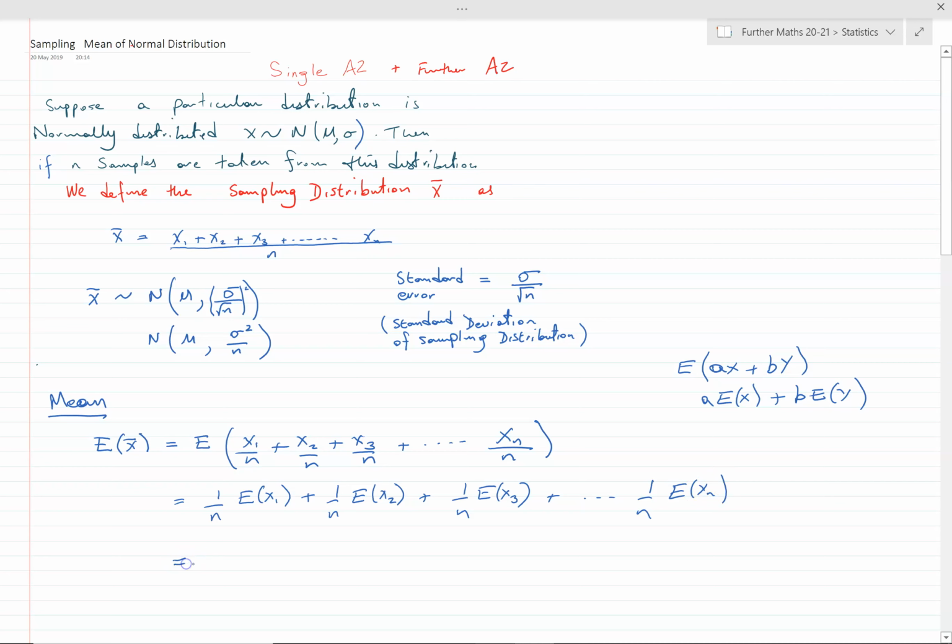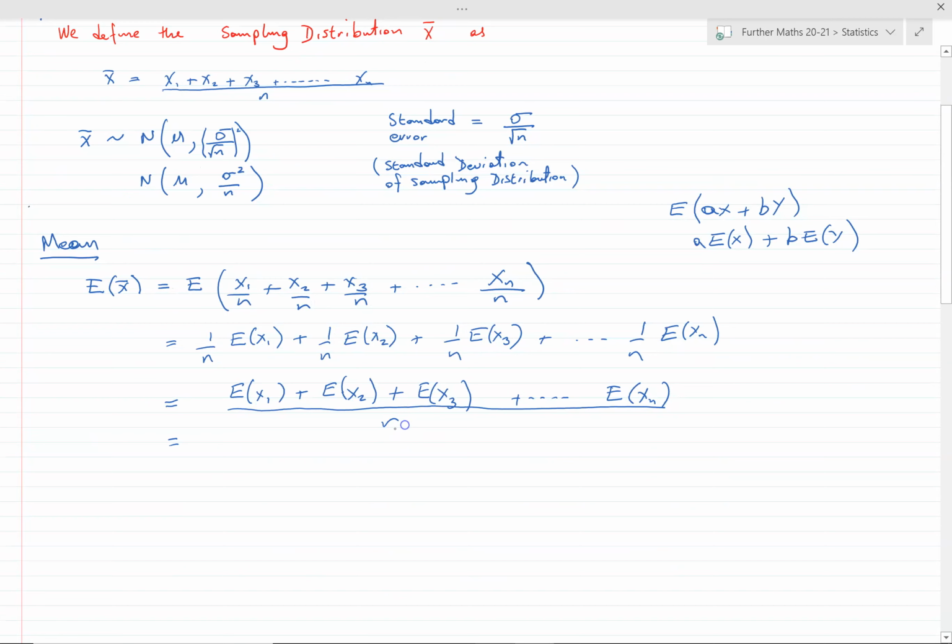So that equals, right, we can go back to E(x1) plus E(x2) plus E(x3) all the way up to E(xn), all over n.